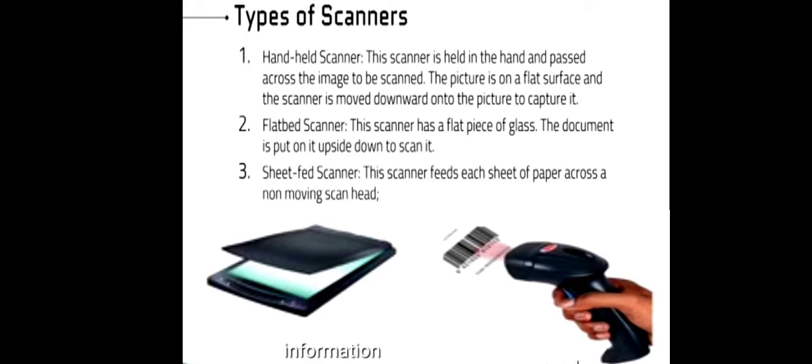Number 2 is flatbed. As the name shows, there is a flat piece of glass. The document is put on it upside down to scan it. Number 3 is sheet fed scanner. It feeds each sheet of paper across a non-moving scan head, which means we cannot move the scan head.